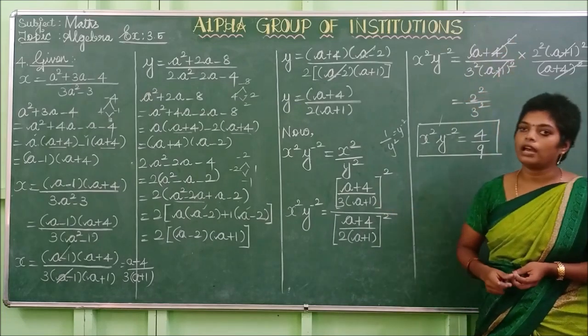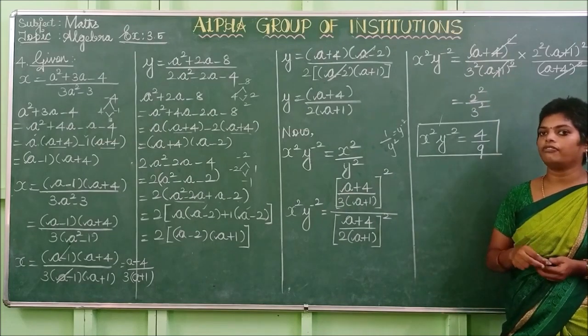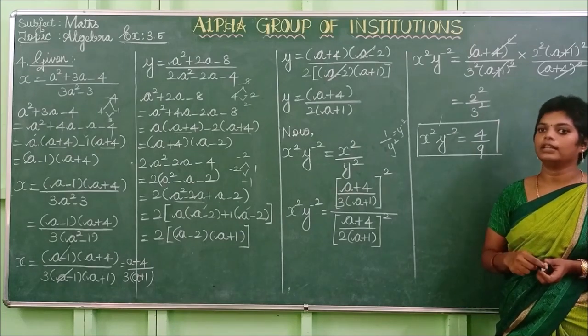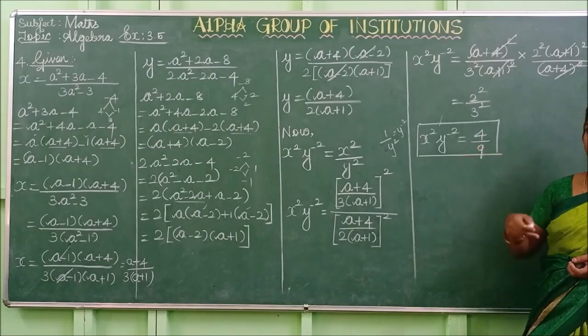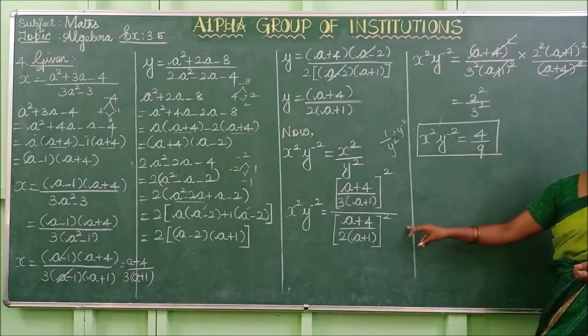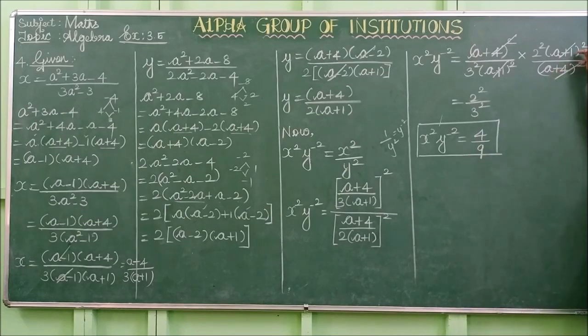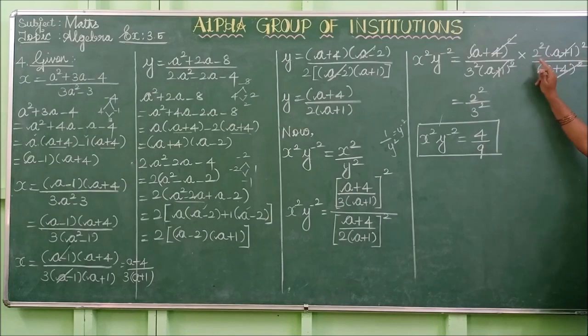You know one formula for the division of rational expressions: p of x by q of x divided by r of x by s of x is nothing but p of x by q of x into s of x by r of x. If you change the sign, you have to change the values also, so it will be interchanged. The numerator and denominator are interchanged.